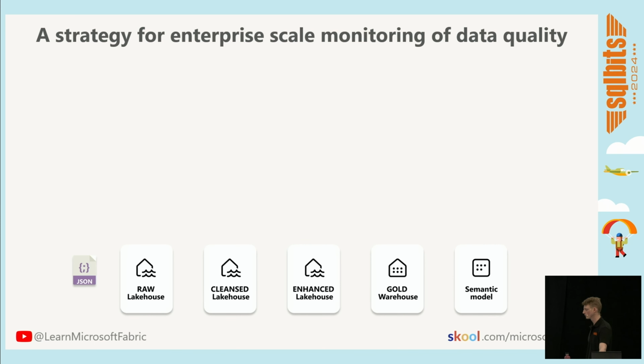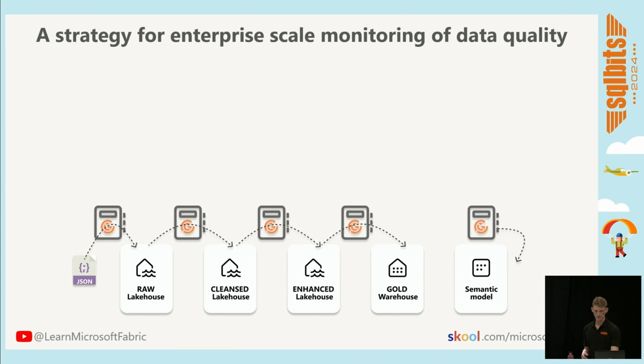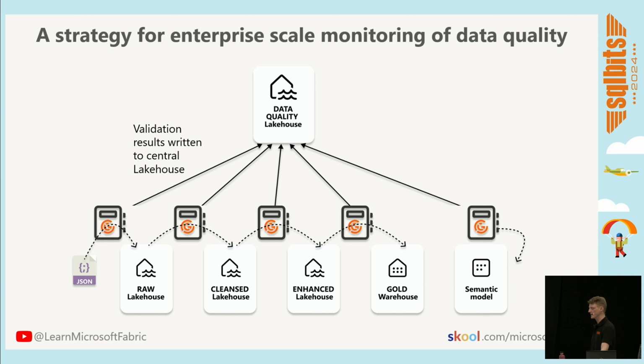Here's one idea. So again, we've got this layered approach, different lakehouses: a raw layer, cleansed layer, enhanced, gold, semantic model. And if we use one tool for our data validation, for example here, Great Expectations, then at each stage as we're moving through these different layers, we can write out validation results.